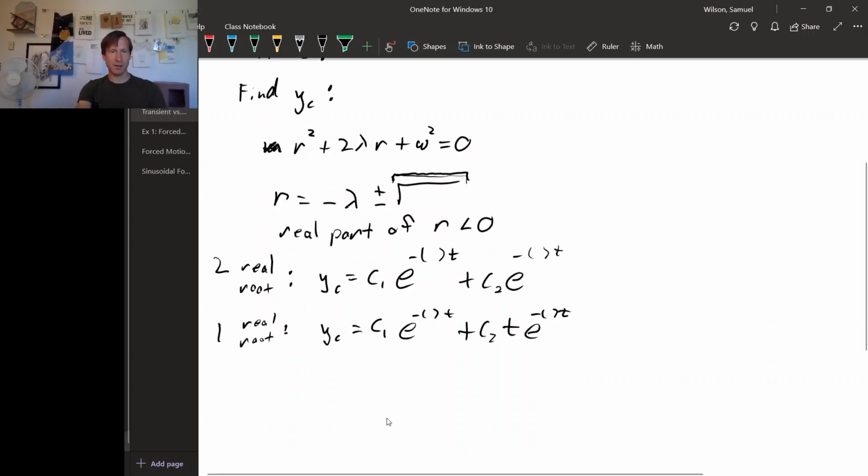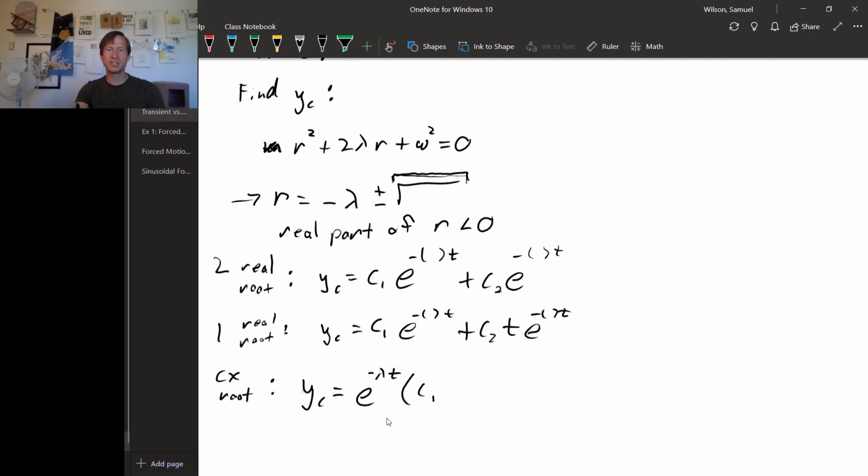And in the complex root case, where your roots to the characteristic equation are complex conjugates, your solution y sub c is going to be e to the minus lambda t times some combination of sines and cosines. Like this.